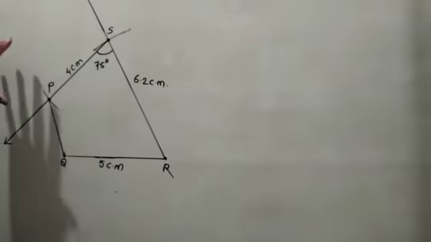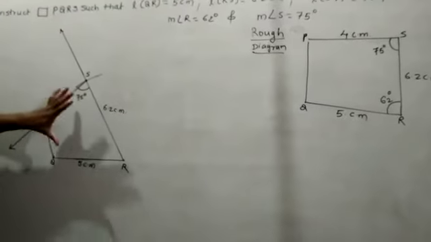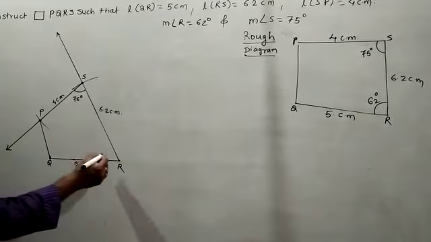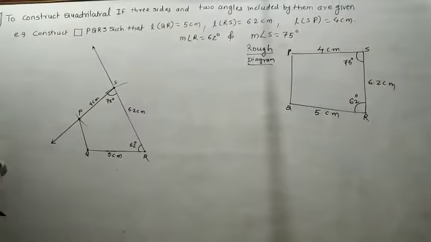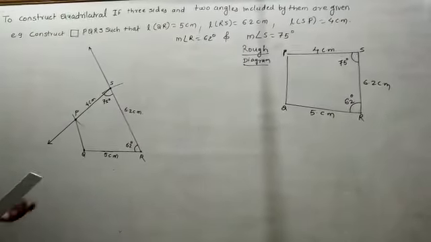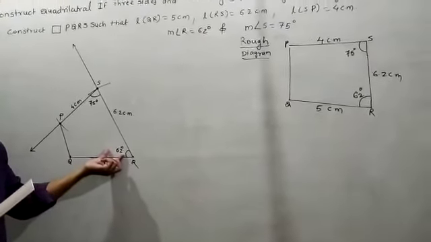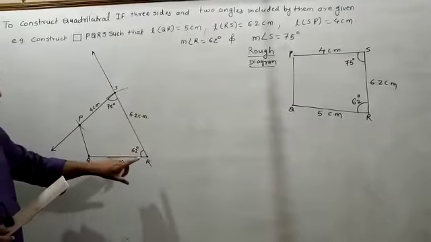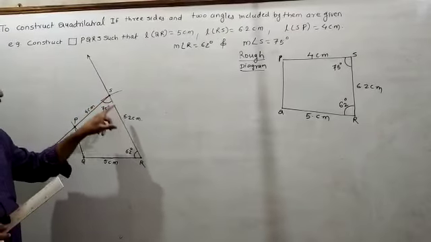In this way, you have to construct the quadrilateral PQRS when 3 sides and the 2 angles included by them are given. First of all, draw the base. After that, make the angle of 62 degree. Keeping the pointer on R, make the arc of 6.2 centimeter.